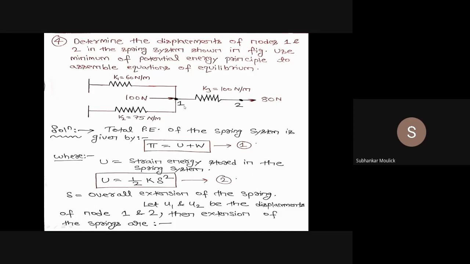At node 1, a compressive force of 100 Newton is applied, and at node 2, a force of 80 Newton is applied. What I need to find out by the principle of potential energy approach is the displacement of node 1 and the displacement of node 2.